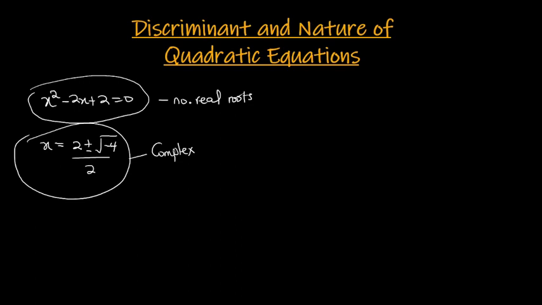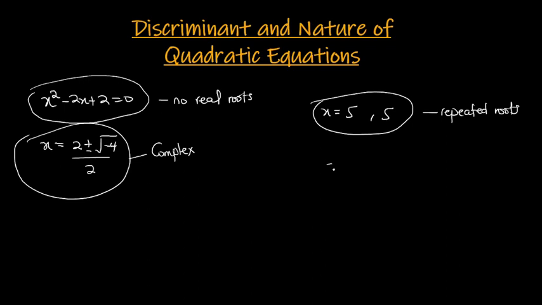Now, how can we identify that an equation has real roots or not? There are other equations that if you solve them, you're going to get the two values of x to be, let's say for instance 5, the other value will also be 5. For this case, we say we have repeated roots. And there are those that you solve, you have x is equal to 1 and then x is equal to, let's say, 4.